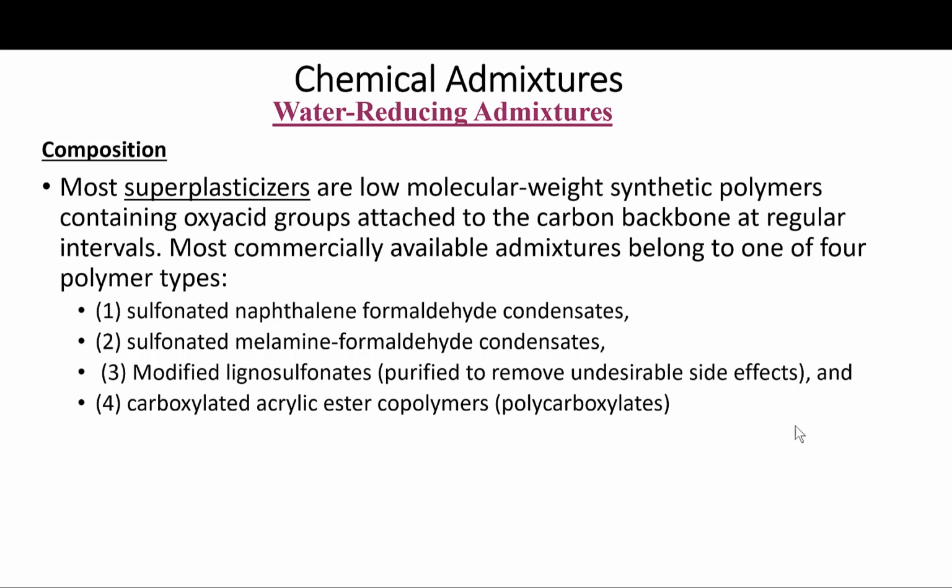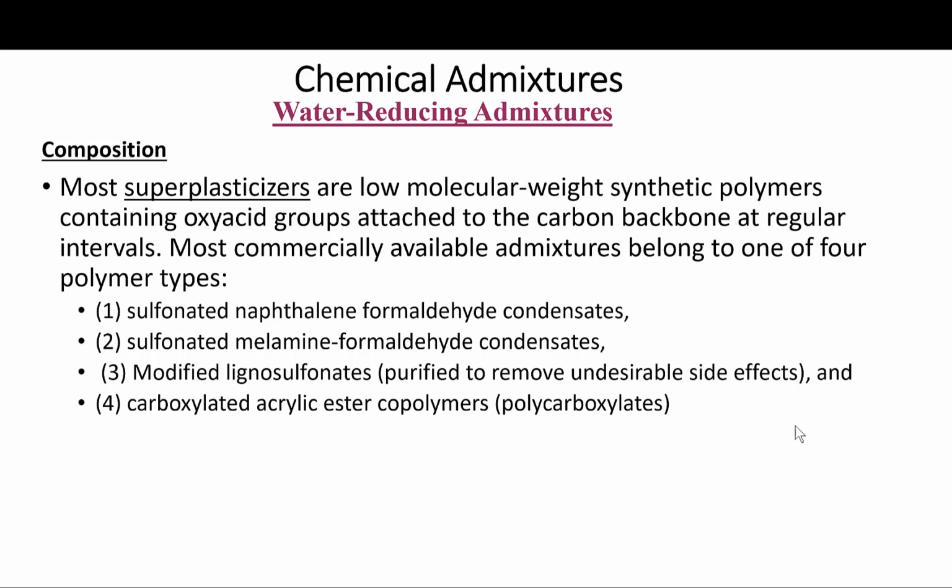So most superplasticizers are basically low molecular weight synthetic polymers containing oxyacid groups attached to a carbon backbone at regular intervals. Most commercial admixtures belong to one of the four polymer types listed here.